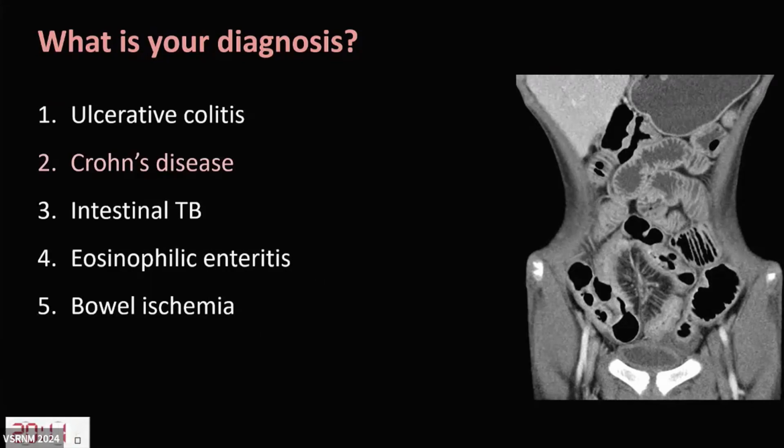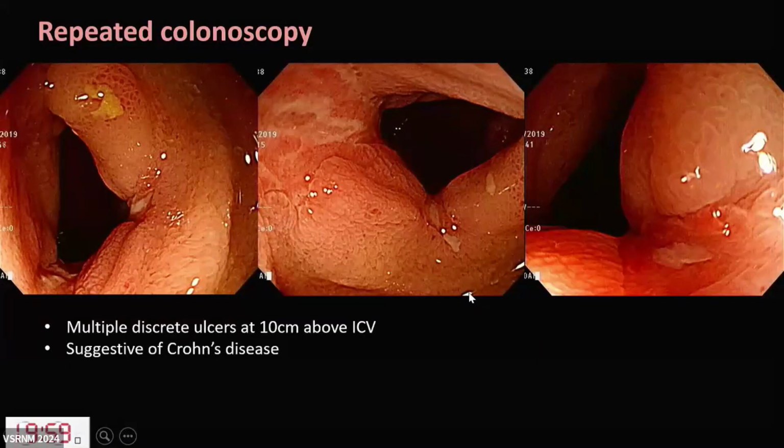Okay, so because there are multiple segments of ileal involvement, and also there is a typical skip lesion appearance, this is most suggestive of Crohn's disease. Because the most distal involved segment is close to the ileocecal valve, we told the clinicians, then they repeated the colonoscopy.